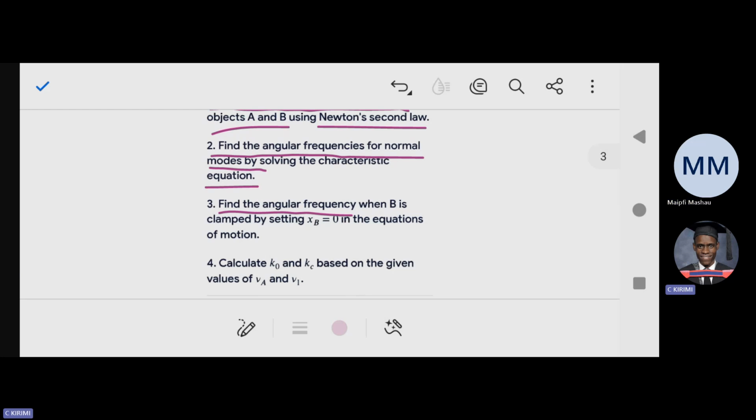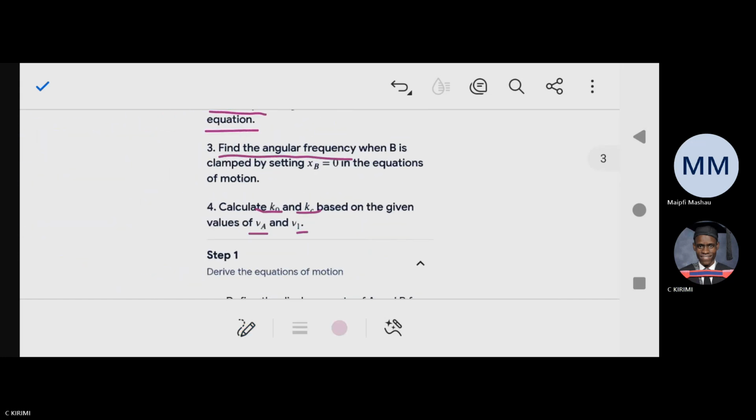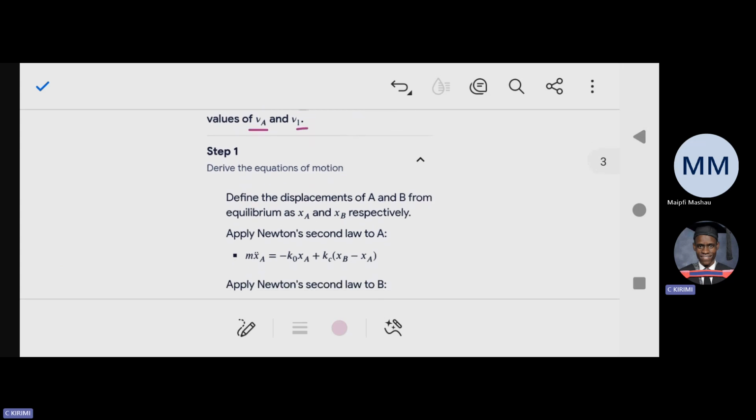That's why we always use the second law. And whenever they need acceleration, you know in terms of differentials it is the second derivative. So we are going to calculate the k0, kc, which is the coupling constant, and the values of vA and vB. Then we'll be done. So let's start now.